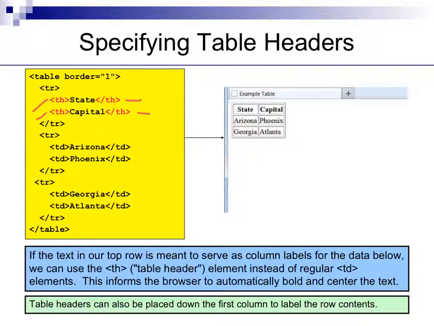So all that happens is the browser understands the TH, or table header element, and just styles it or makes it look a little bit different. And if you look here, you can see that State and Capital are each bolded or emphasized a little bit. So that's what the table header element does. It bolds the words. Okay? It will also center the text, which is kind of cool.